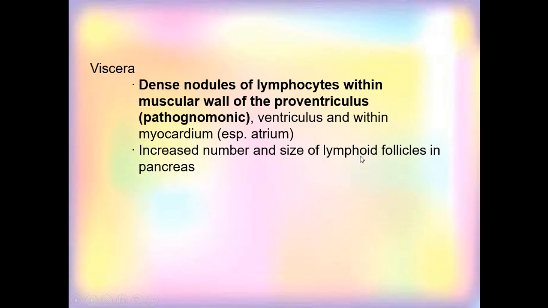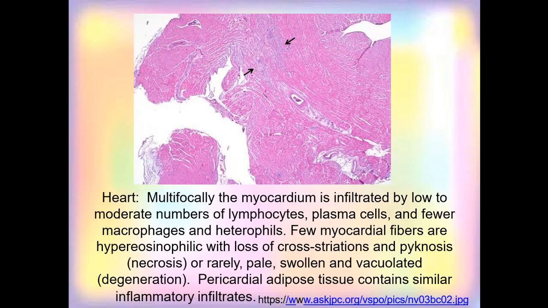Or increased number and size of lymphoid follicles in the pancreas. These cases can be found mostly in these visceral organs, mostly in adult chickens, not in young or day-old chicks.